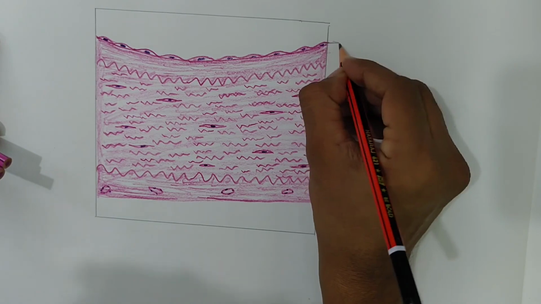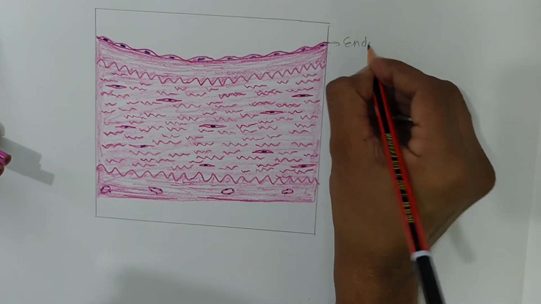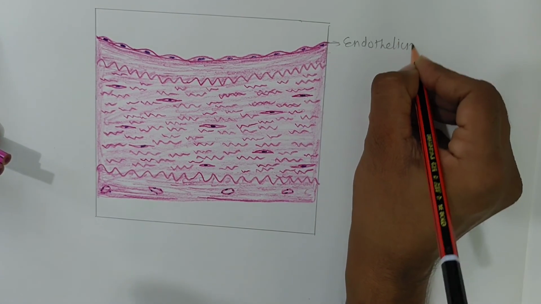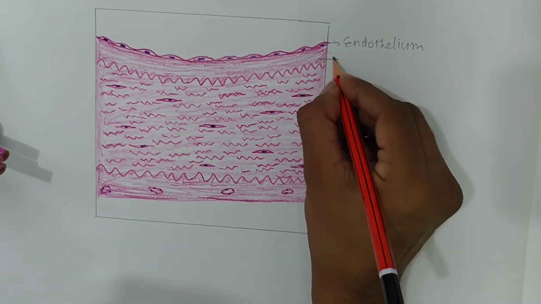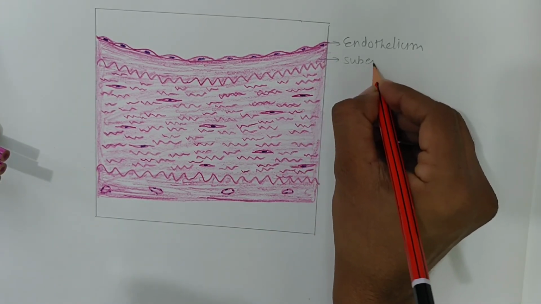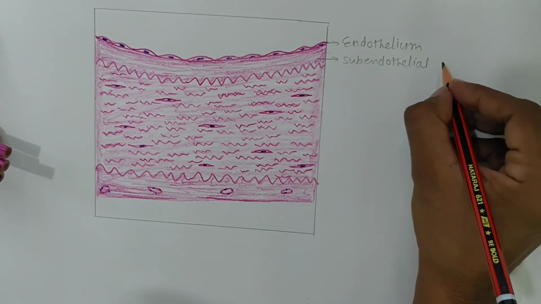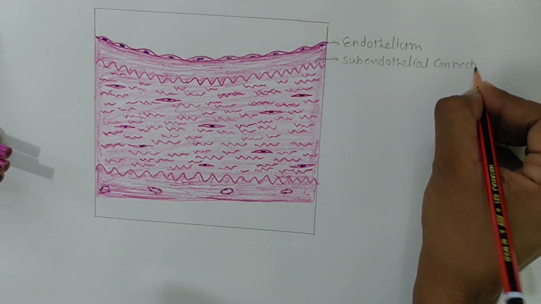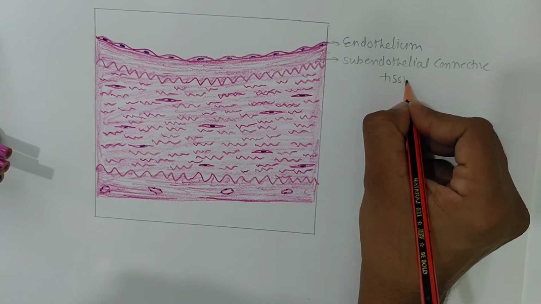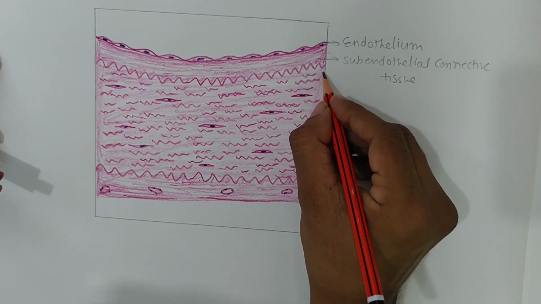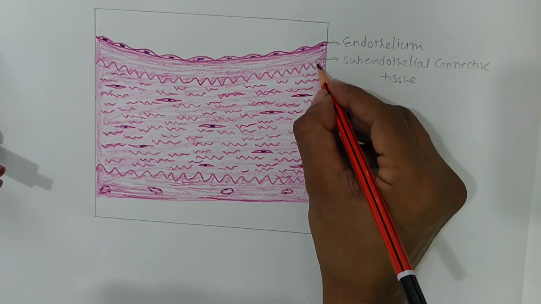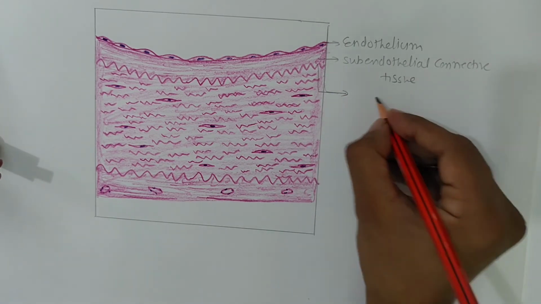So this is the endothelium. Below the endothelium there is subendothelial connective tissue. This is the internal elastic lamina.